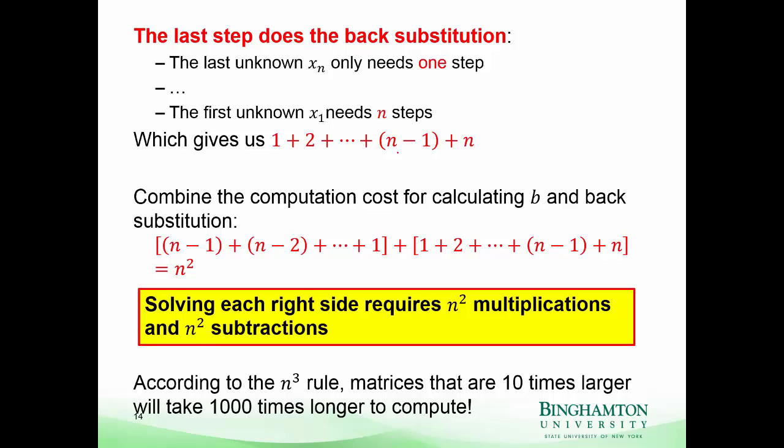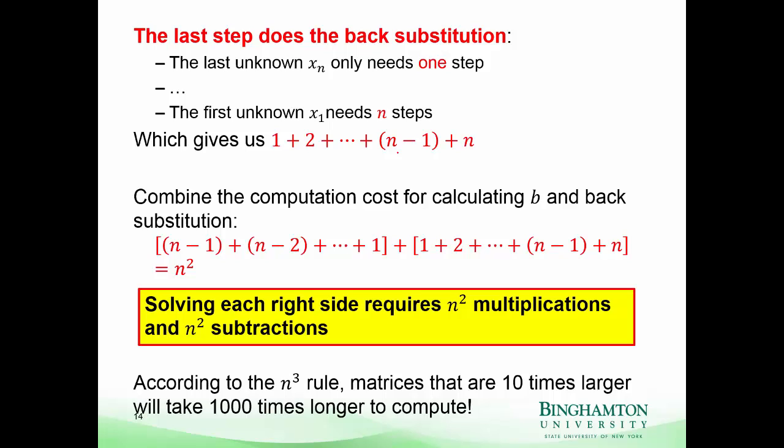And so once we know that this thing is order n cubed, we know that if we make a matrix 10 times larger, so we've got one matrix that's 10 by 10, and we go up to a matrix that's 100 by 100, it's going to get 1,000 times more computation. So 1,000 times longer.